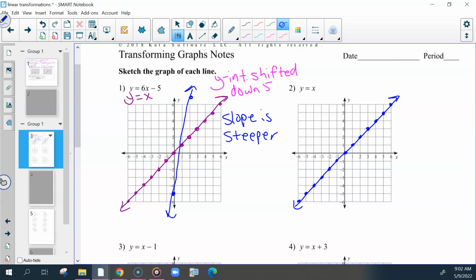If you get something like this, and the slope or the y-intercept doesn't change, you would just say the slope is the same, or the slope didn't change, or the y-intercept is the same, the y-intercept didn't change. Either of those.